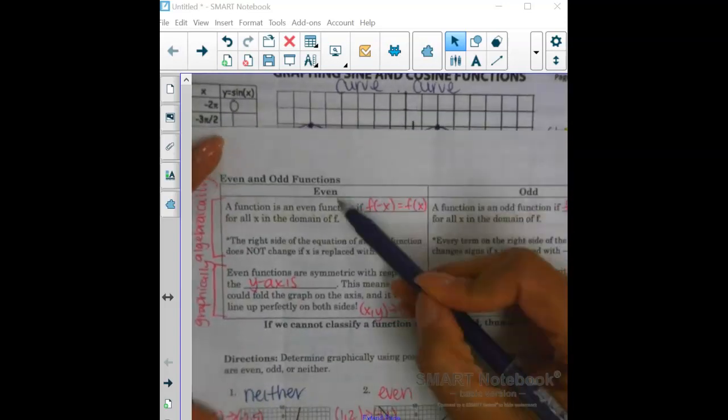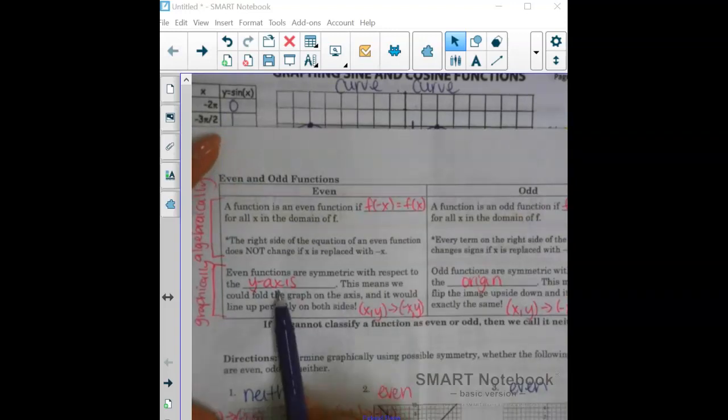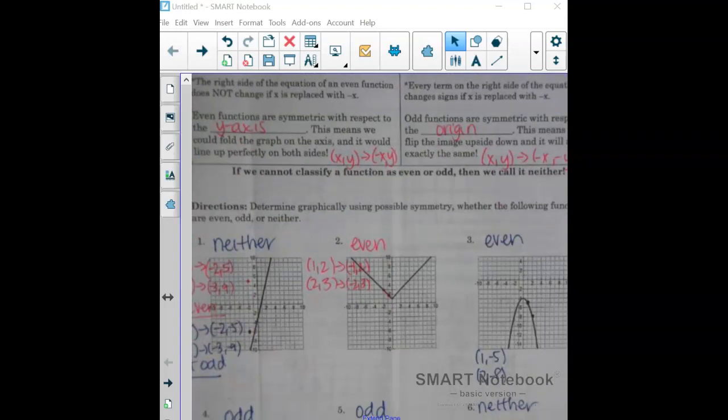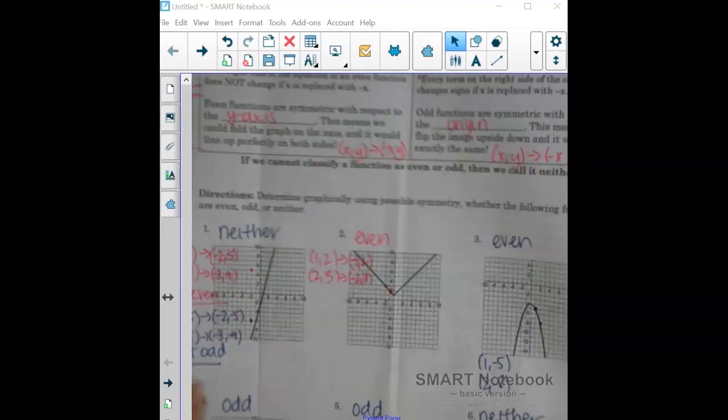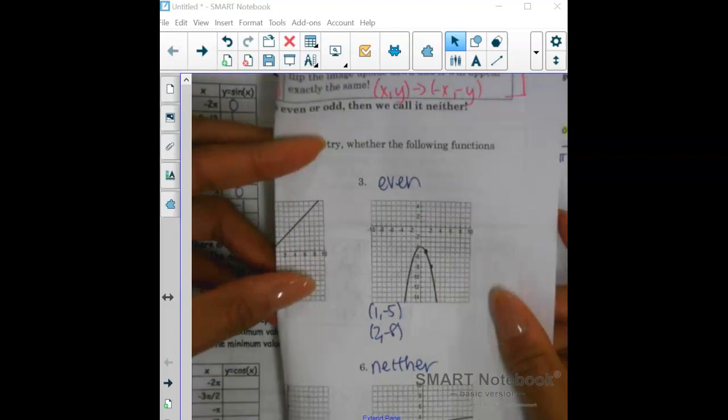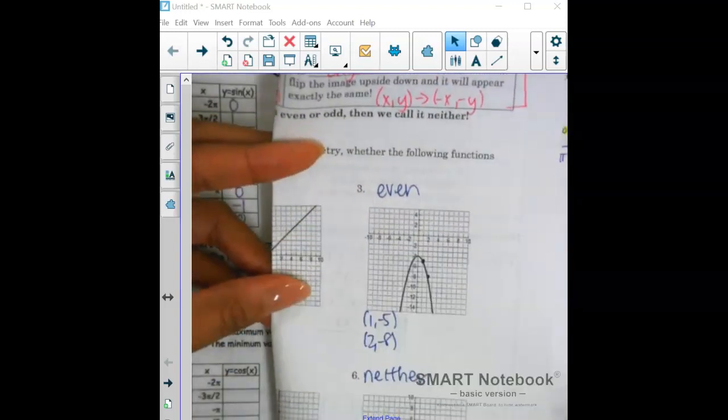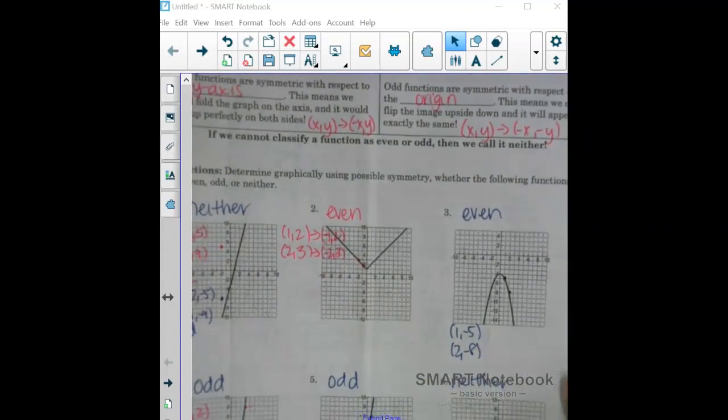Okay, if a function is even, that means it's symmetric to the y-axis. I don't know if you can tell, but this page is kind of folded. What we literally did to see if it was symmetric to the y-axis is we folded the graph in half to see if it reflected onto the other side. I know since I'm on the document camera, it's a little difficult to see, but we're going to do the same thing for this curve here.